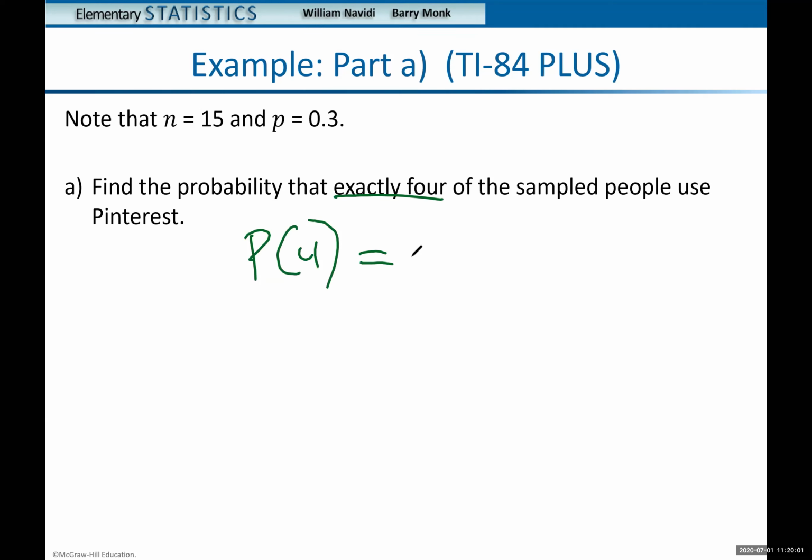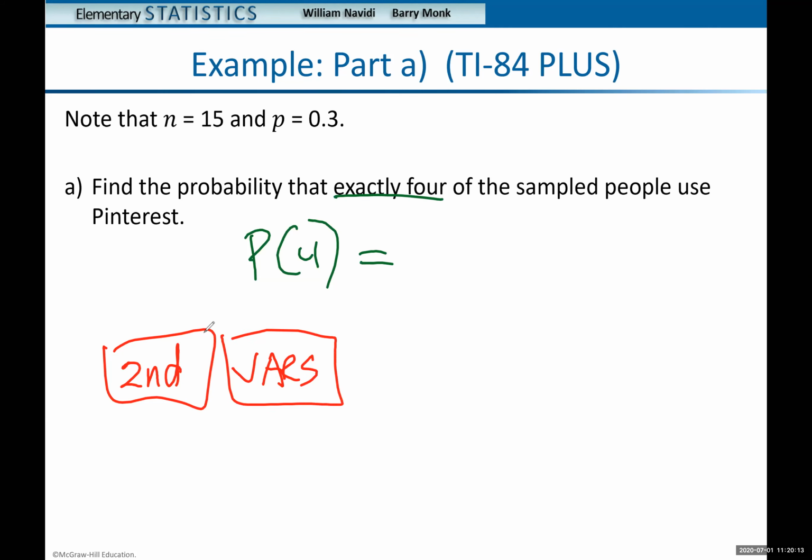So to get this, use binom PDF if it's an exact number. So try this: second vars, scroll down, look for binom.